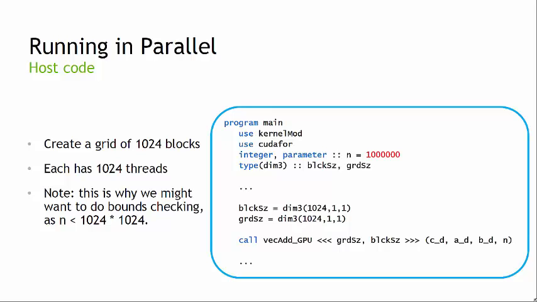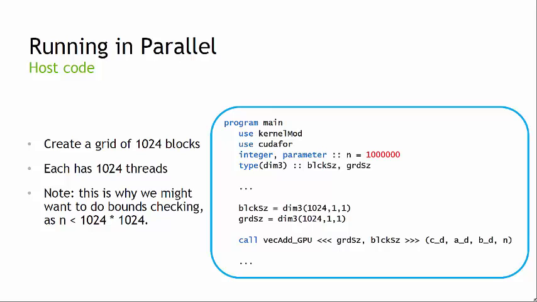That defines the type dim3, which we've then declared block size and grid size. And then we've initialized block size and grid size to be 1024 threads per block and 1024 blocks per grid. Now you'll notice that I'm using 1,000,000 elements, and 1024 times 1024 is slightly over 1,000,000.